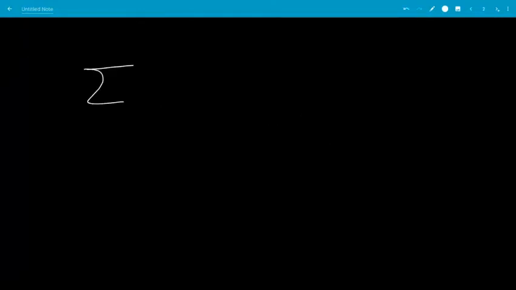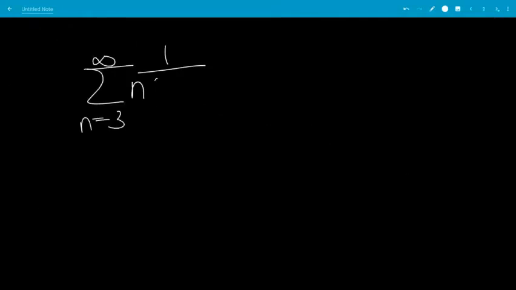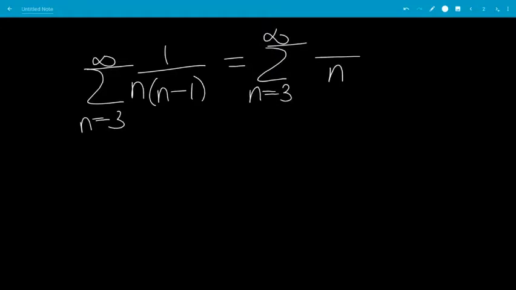So now we're going to do the sum, as n goes from 3 to infinity, of 1 over n squared minus n, which is the same thing as saying n times n minus 1. So this is partial fractions. So this will be the sum as n goes from 3 to infinity, something over n plus something over n minus 1. We're going to use the cover-up method.